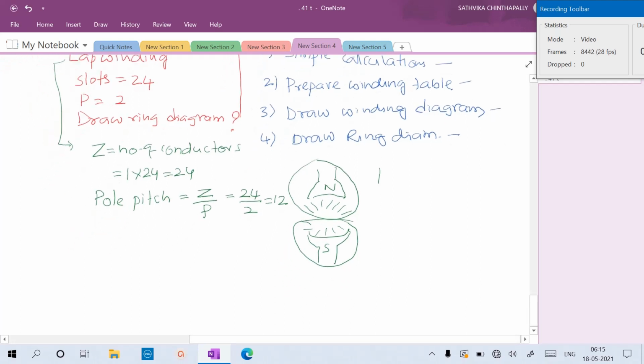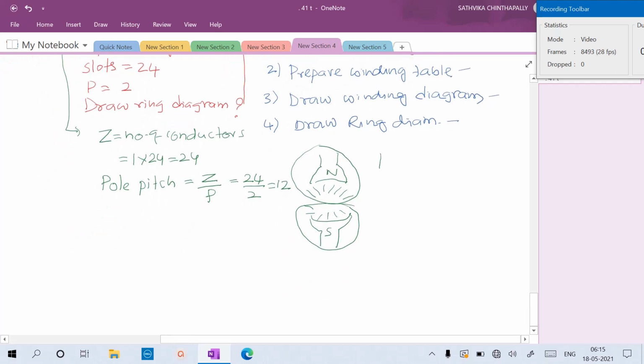Now based on this, we find the back pitch. YB, back pitch. What is the back pitch? The distance from the start of the coil to the other side, one pole pitch at the back. So back pitch is equal to Z by P plus 1.